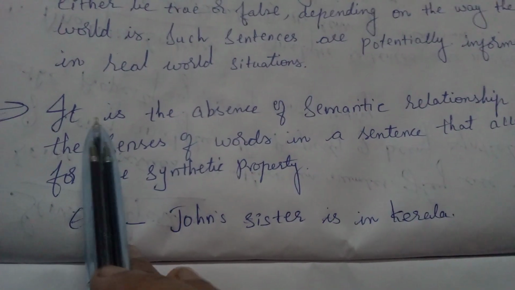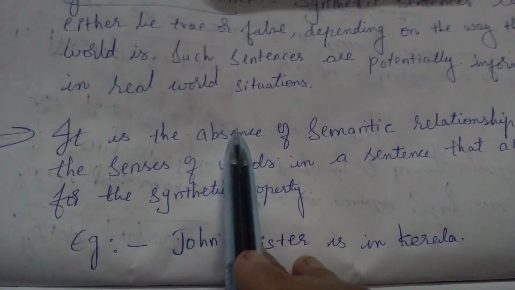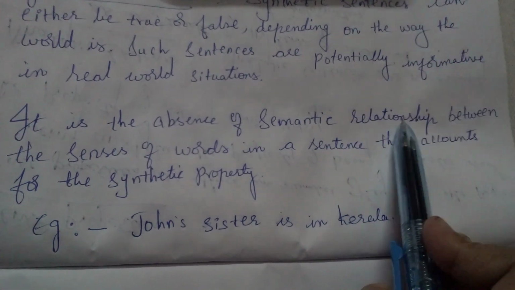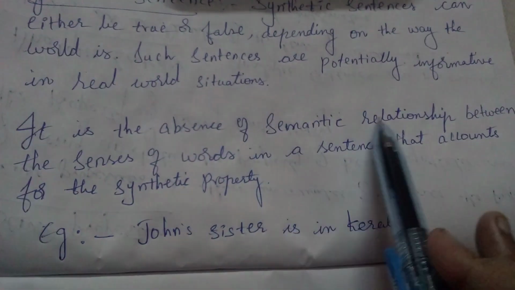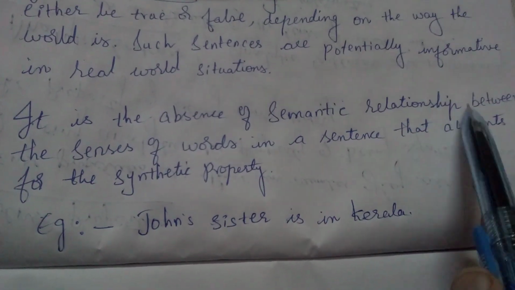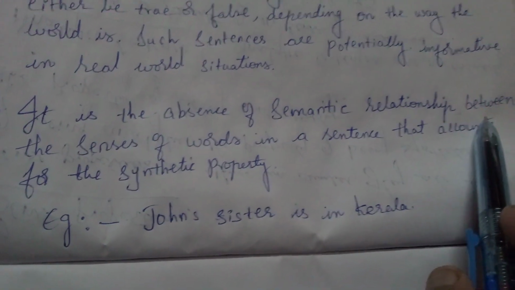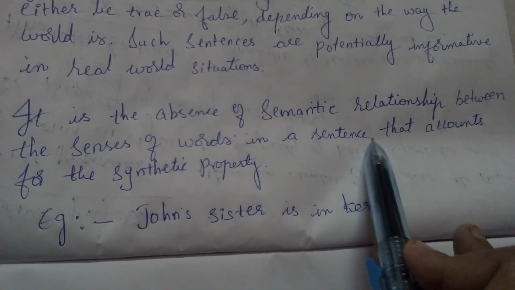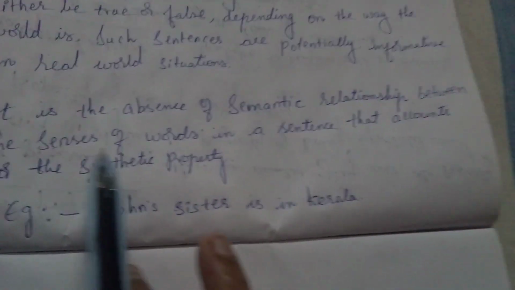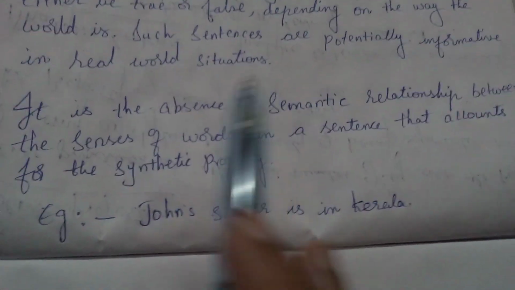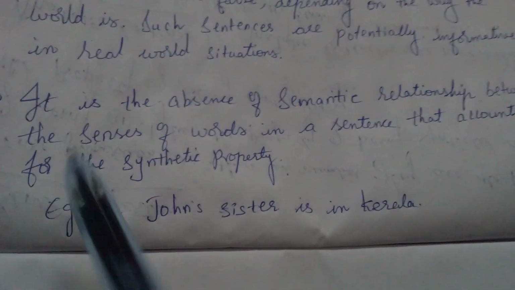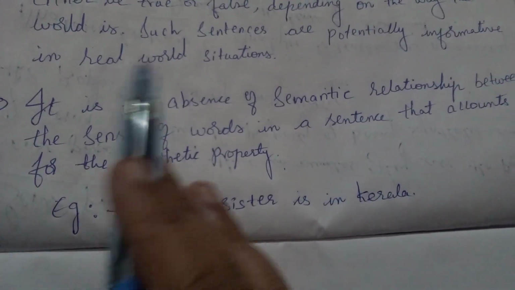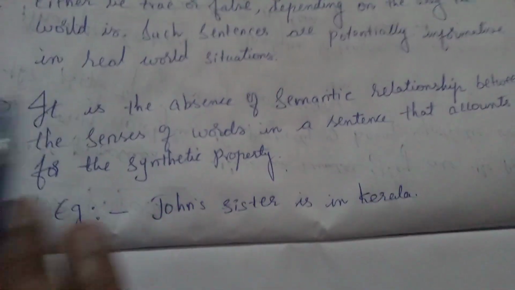So here it is the absence of semantic relationship between the senses of words in a sentence that accounts for the synthetic property, which means we cannot definitely say that the sentence is 100% true.